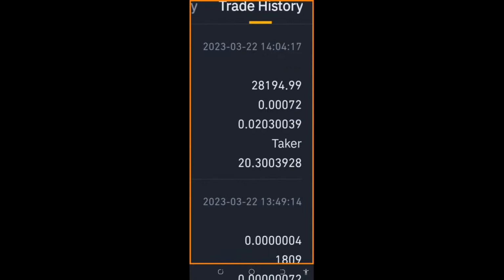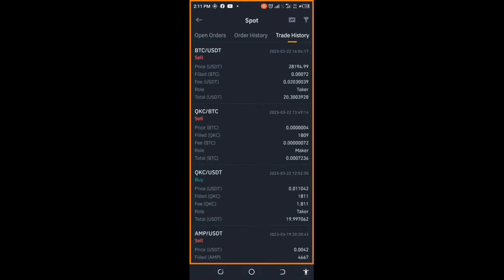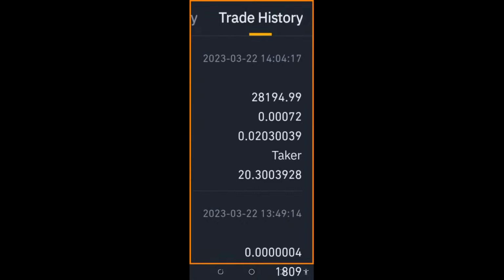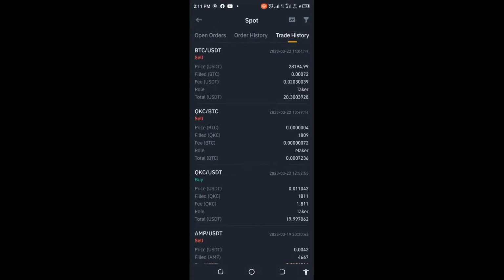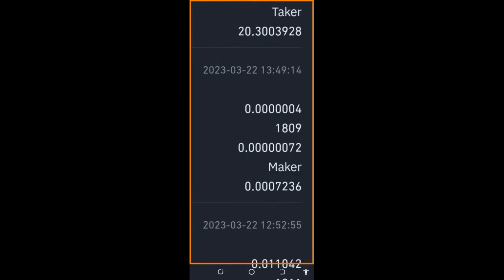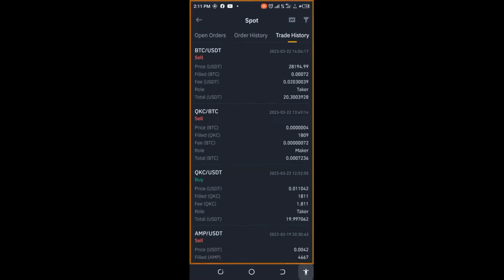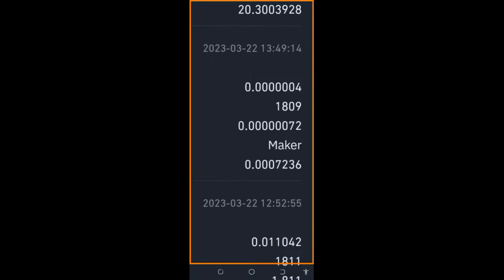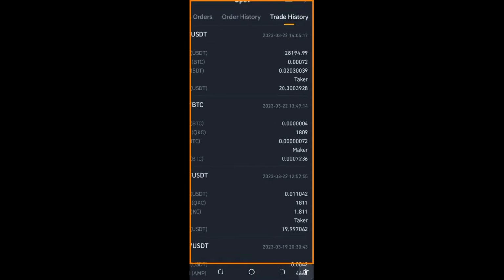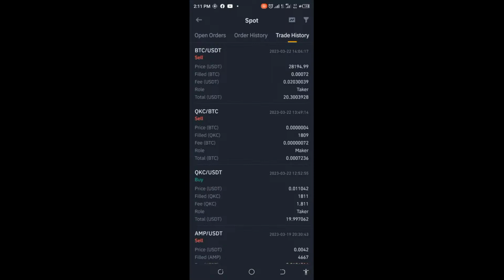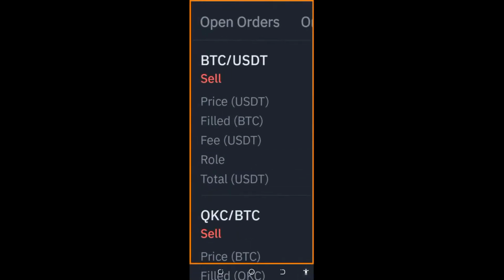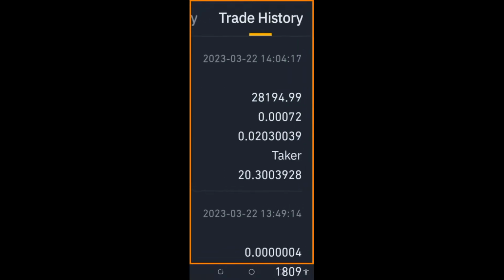Interesting, we got 20.30. But don't forget that they will take out fees. We had 20.30 here, but in the process we actually paid fees for QKC BTC. Did we? Yes, we did pay a fee, 0.000072. And we also paid a USDT fee here, about 2 cents.